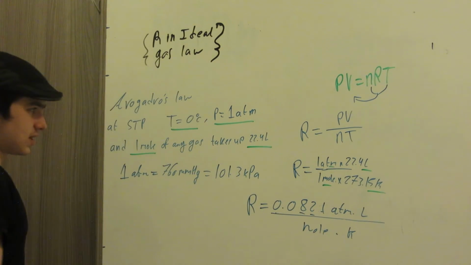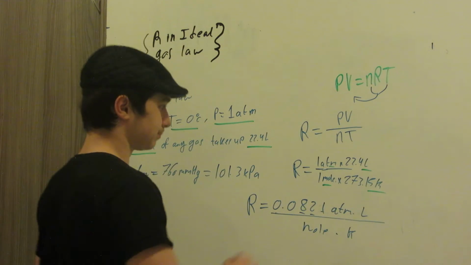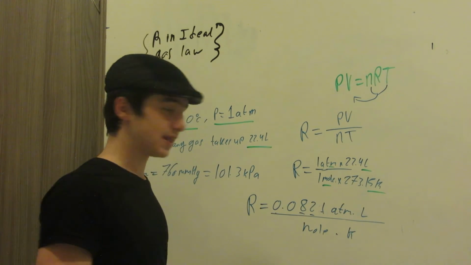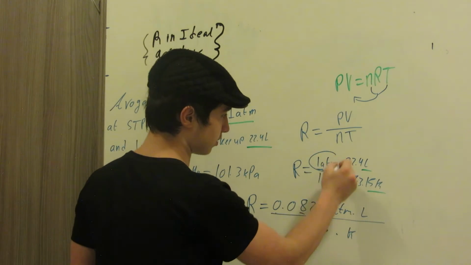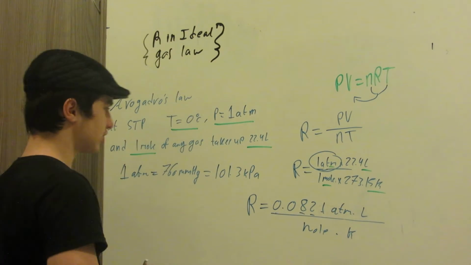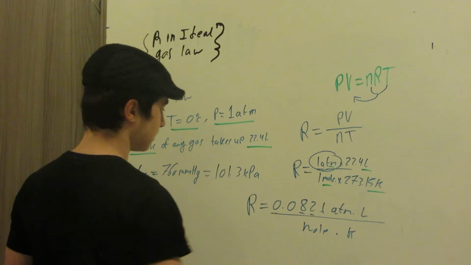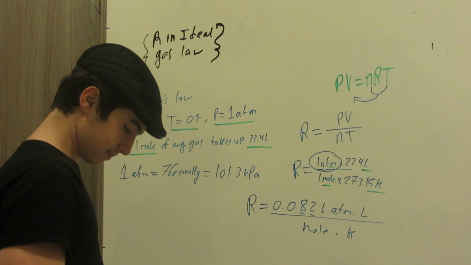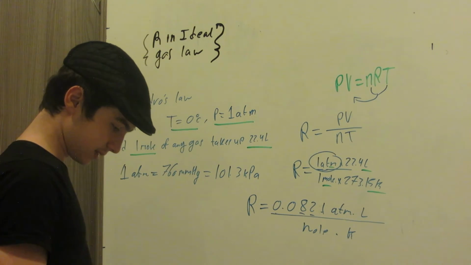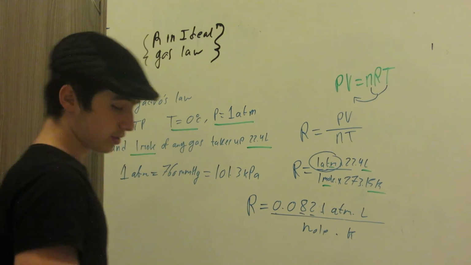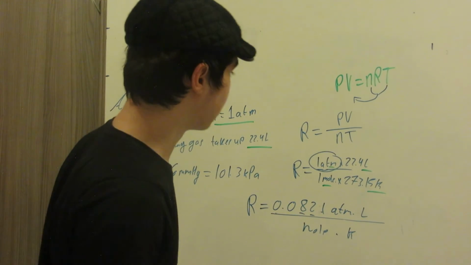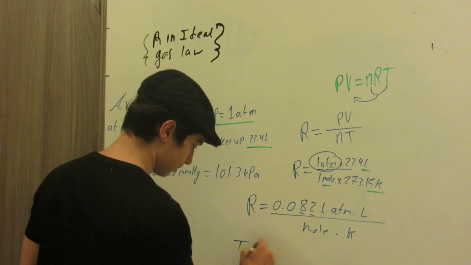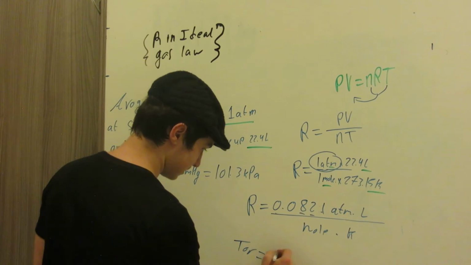So what I'm going to change is always the pressure number in the data given. If I change now to 760 torr, what are we going to get? The R for torr will equal 6.